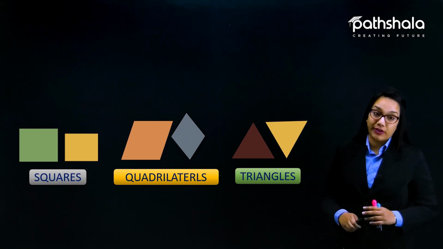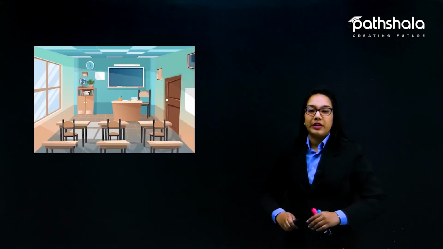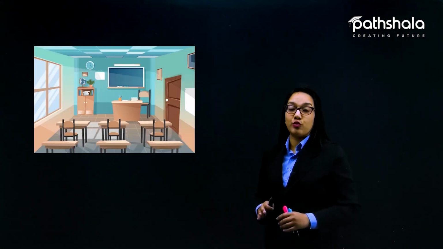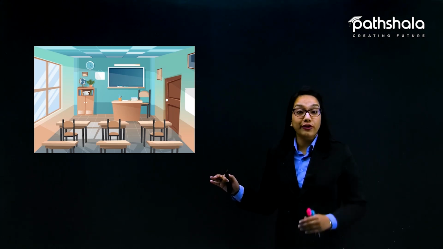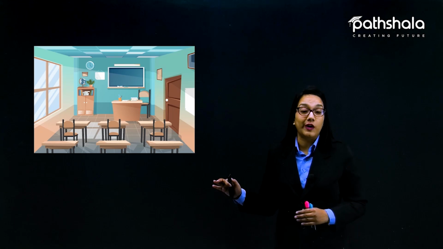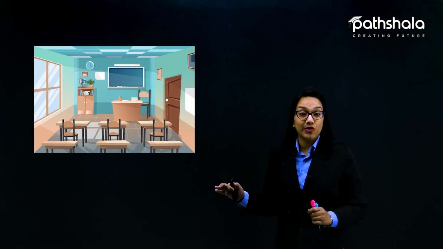Let us suppose there is a particular classroom, and I ask you to find the area of the floor of this classroom, such that the floor is rectangular in shape.